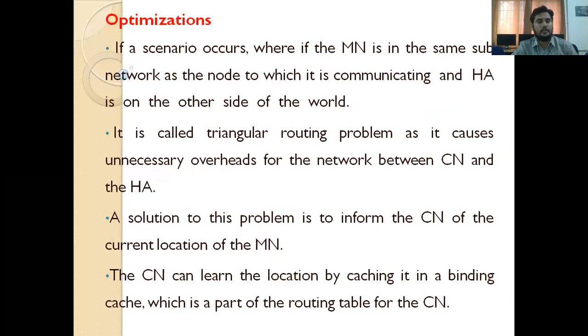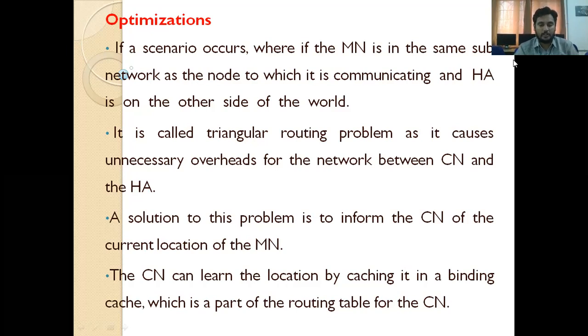The next one is the optimization. This is also one of the important concepts in unit number 3, optimization techniques. If a scenario occurs where the mobile node is in the same subnetwork as the node with which it is communicating, and the home agent is on the other side of the world, it is called a triangular routing problem.